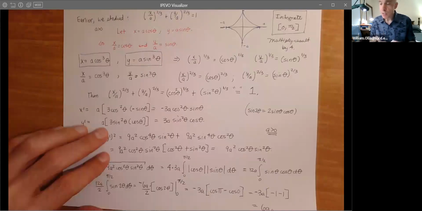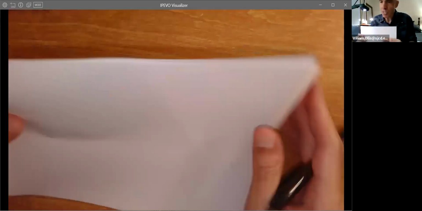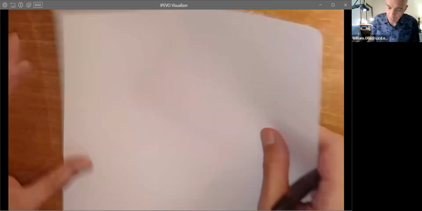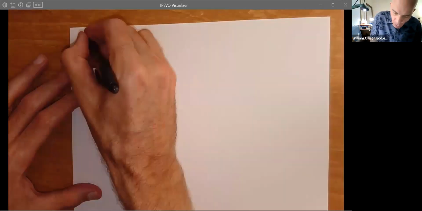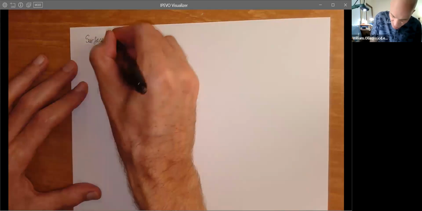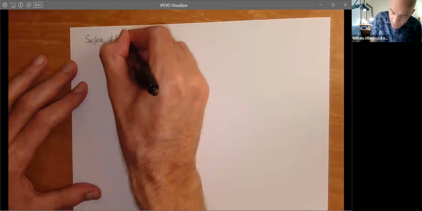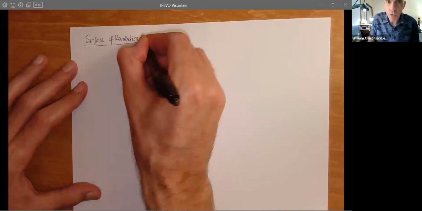Now, let's look at one more thing that we need to do, which is you have this surface area deal, and what do we have to do to make that extension? And it's actually very simple. So again, what I've written here is we often think about the surface of revolution, where we take a curve and we revolve it about either the x-axis or the y-axis.